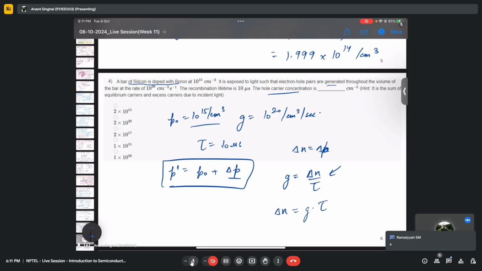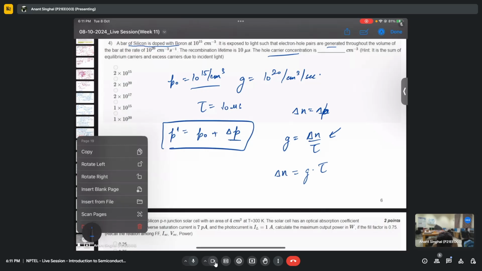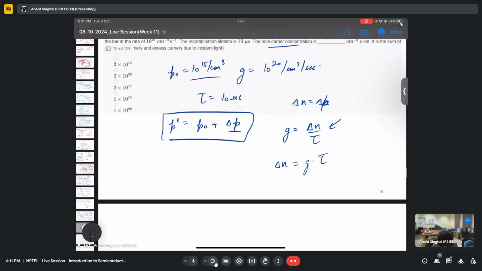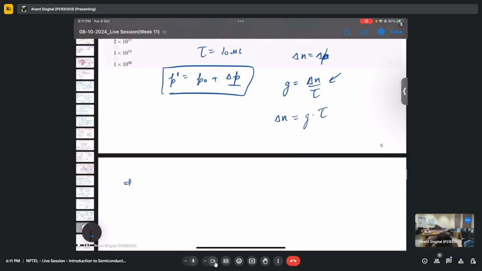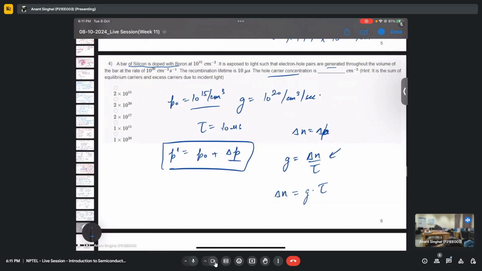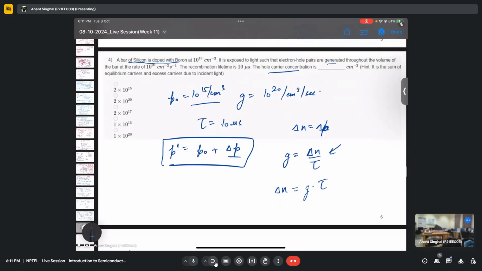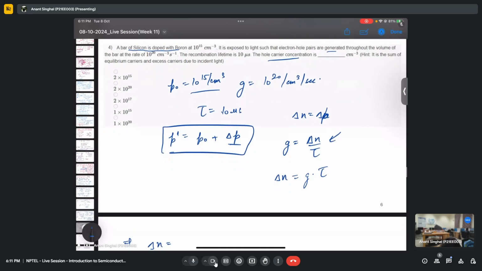So I've got one answer as A. So let me solve it now. So delta n is G times tau.